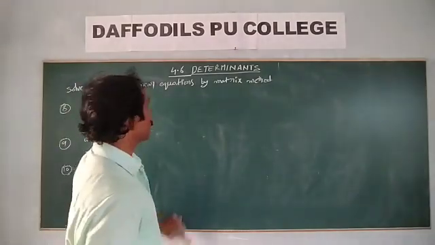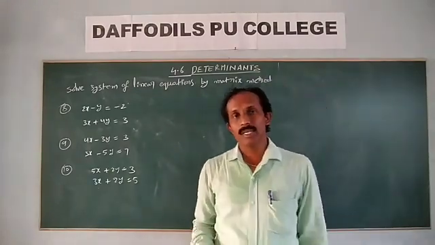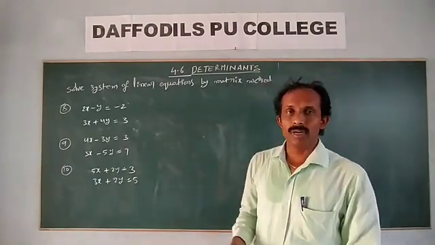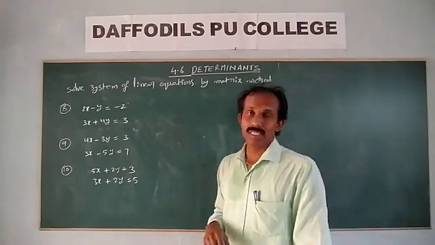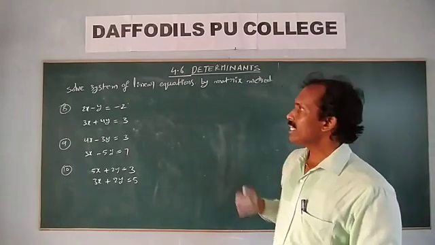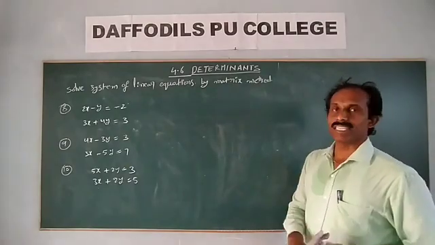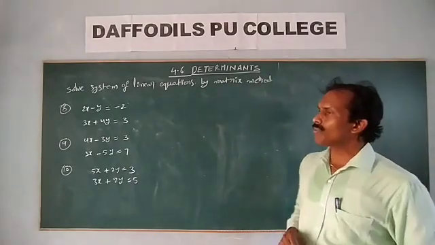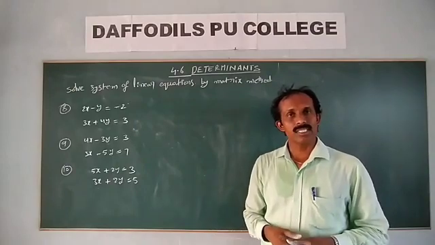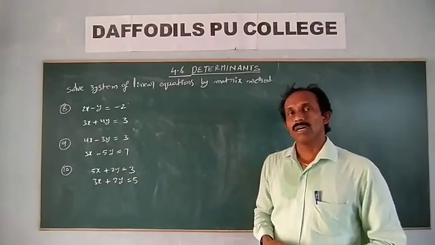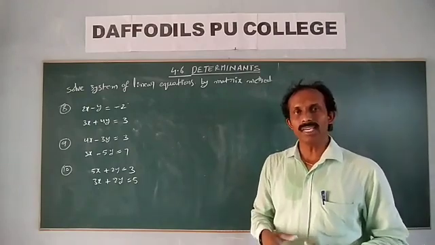Okay students, what we learned today? Today is applications of determinants and matrices. Solve and examine the system of linear non-homogeneous equations, consistent and inconsistent. Consistent means the system of equations has a solution. If the system of equations has no solution, the equations are said to be inconsistent.